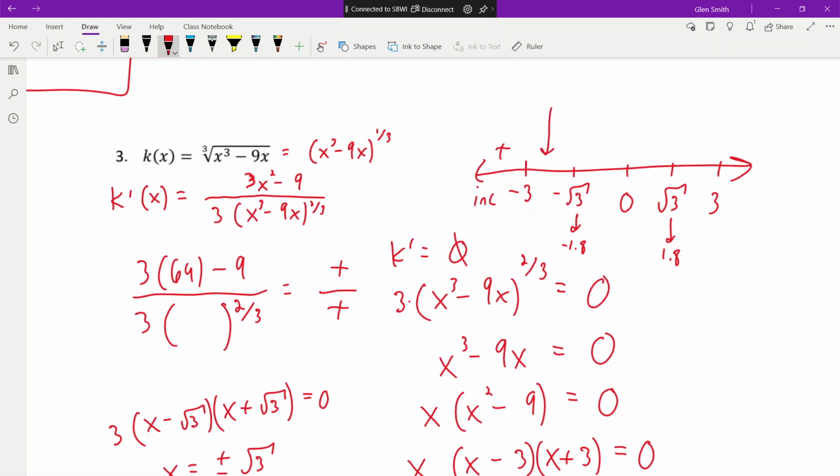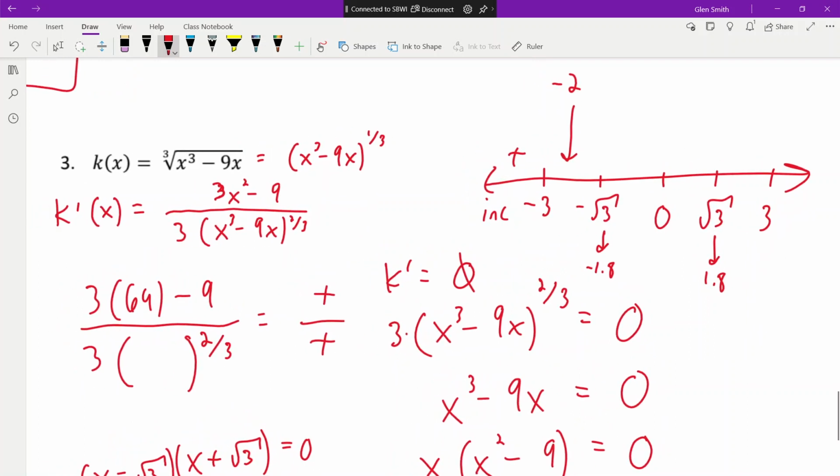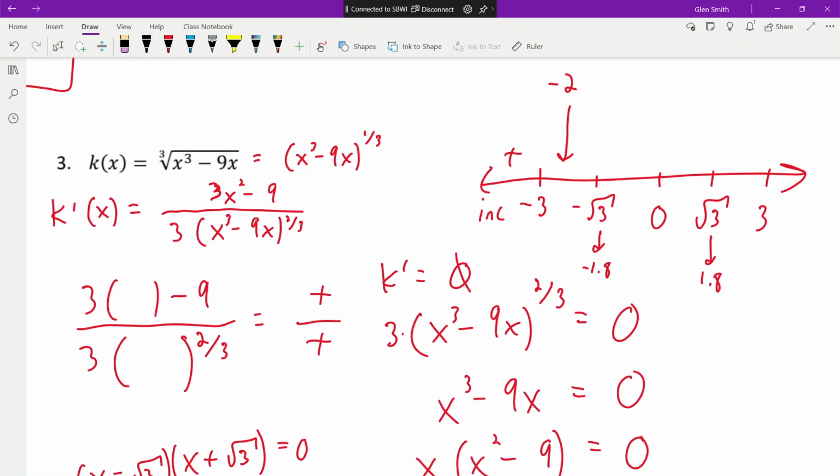A number in this interval here could be like negative 2. So I'm checking negative 2 in that interval. If I plug negative 2 in, you can ask questions if you got them, gang. I'm checking to see if this is positive or negative.